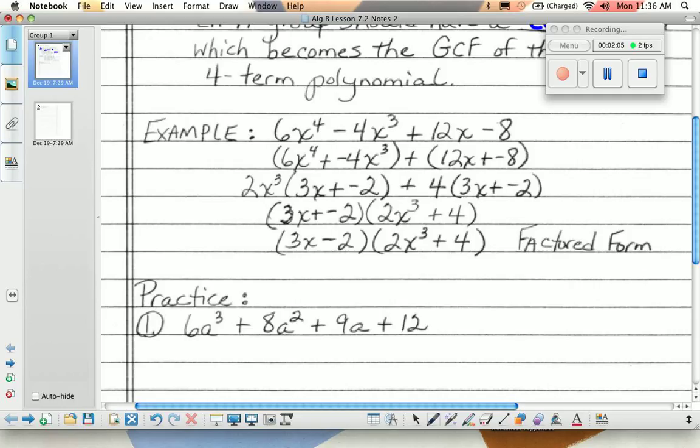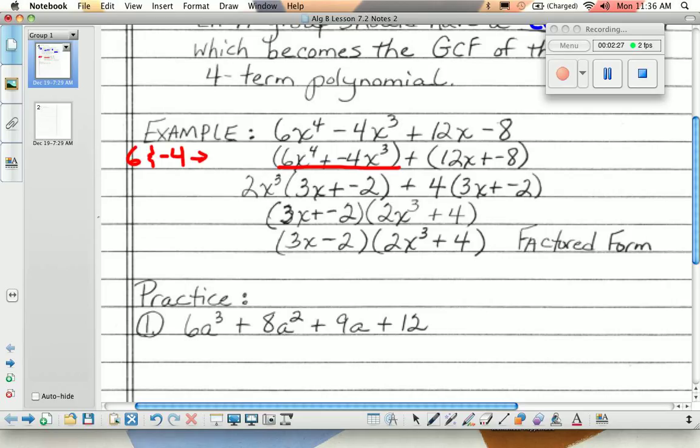Then the next thing I did is I said, okay, what is the greatest common factor of that group? So today our goal might be not to have to show quite as much work. Can you start doing some of that dividing out in your head? And if you can't, then you need to go over on the side of your paper and say, okay, I have a 6 and a negative 4.